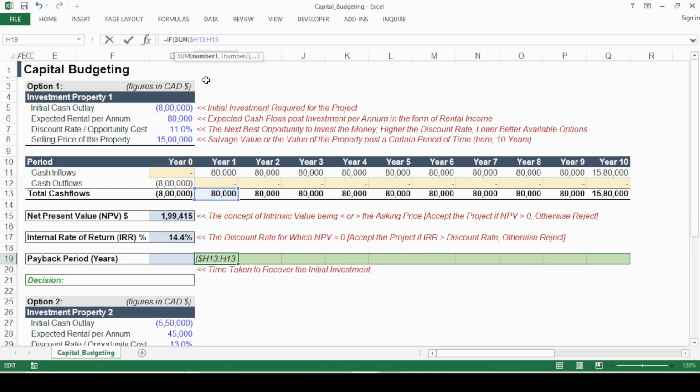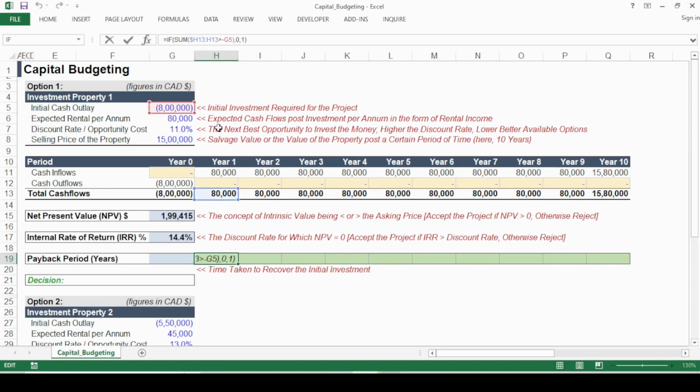So I will say if the sum is greater than the initial cash outlay with a negative sign, because this is a negative, bracket close, comma. In that case, return me a 0, else return me a 1. So as you can see, I have got a 1 here. So I'm calculating the number of years basically that it is going to take to recover the initial investment.